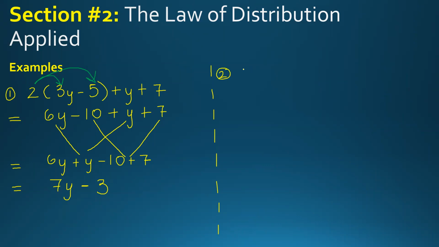Let's say we have 3, open bracket, 2y minus 4... not 4, let's use 8.